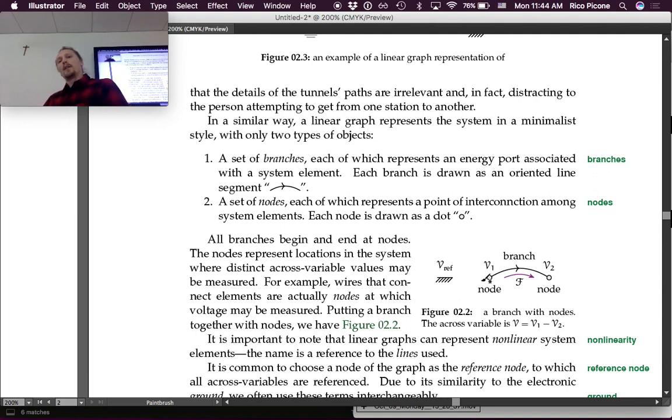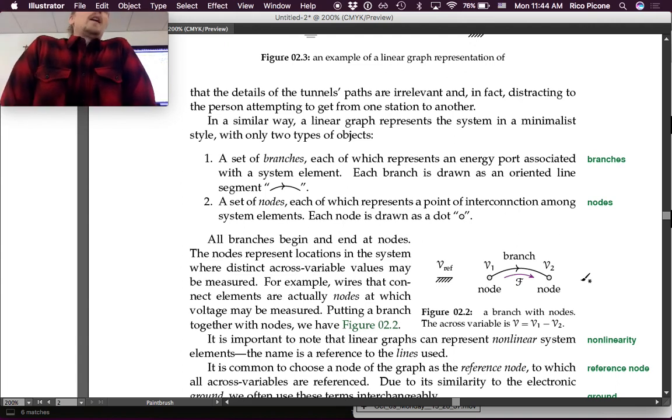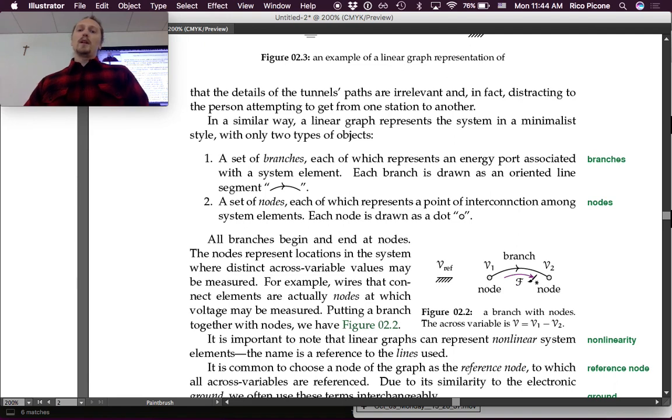A branch always begins at a node and ends at a node. And it has a through variable that goes through it, which in a generalized version is f. But if we had a specific energy domain, for instance, if it was a spring, what would this through variable be? What's the mechanical translational through variable?